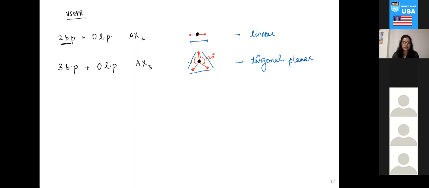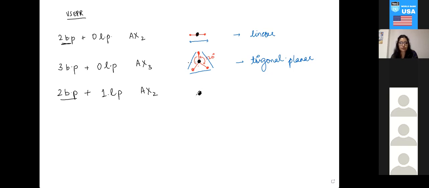We have 3 pairs of electrons again, but this time it is 2 bond pairs and 1 lone pair. With 2 bond pairs, it's of the form AX2 again. Now, how will the 3 electron pairs be arranged so that all of them are far away from each other? Same shape, except one of them is a lone pair.